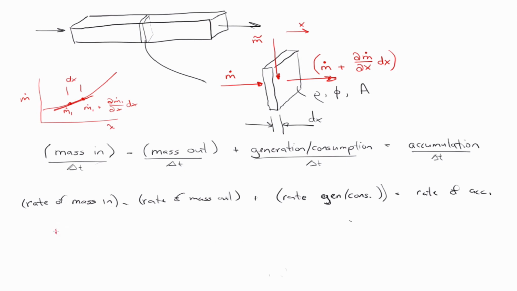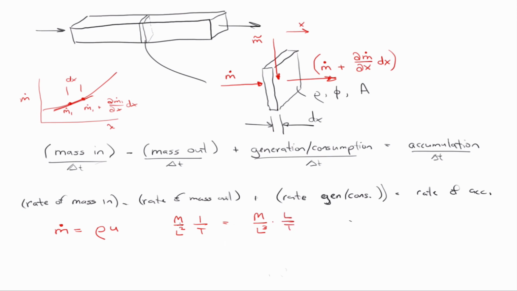The rate of mass m dot is equal to the density times the velocity. m dot is a flux, so it's mass per length squared over time. Density is mass per length cubed, velocity is length per time.